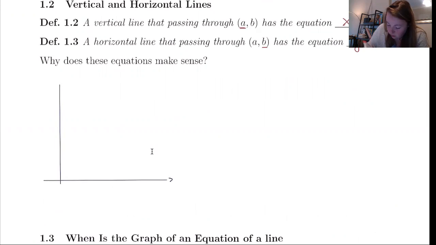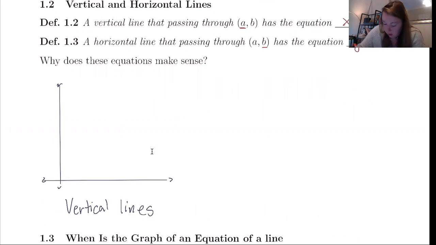So let's first look at vertical lines. So this point right here, that's my x-intercept, right? This is my x-axis, this is my y-axis. So this would be like (a, 0), right? My x-intercept happens when y equals 0.